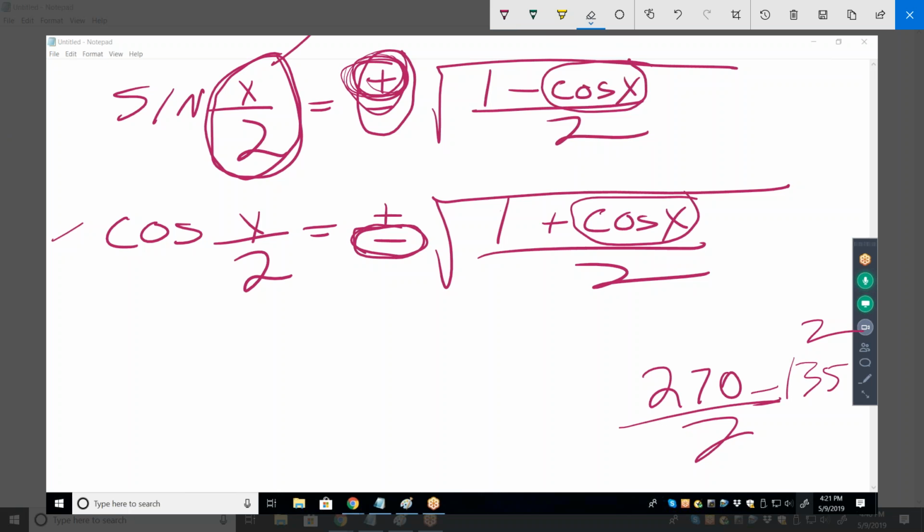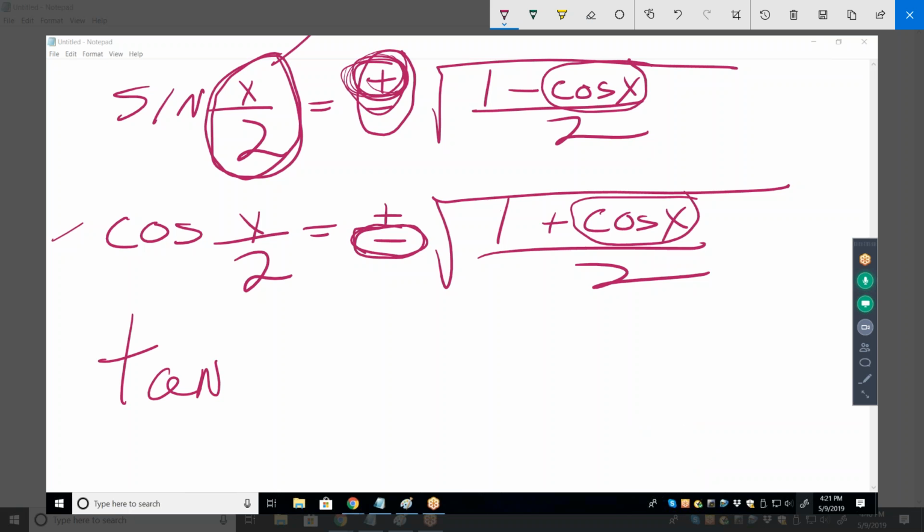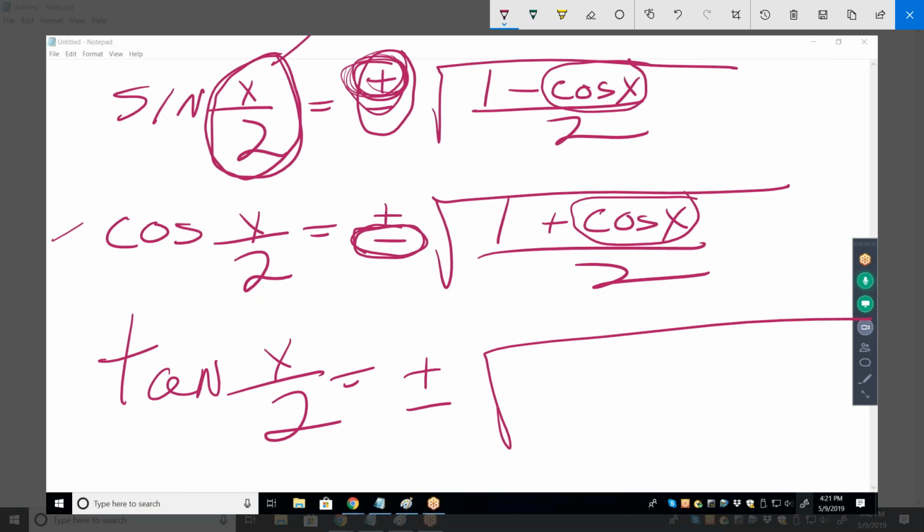Now, the last one that I can think of that I would suggest you memorize is the tangent half angle. And again, it's helpful to know that tangent is sine over cosine, because that tells me the numerator has to be that, and the denominator has to be that.